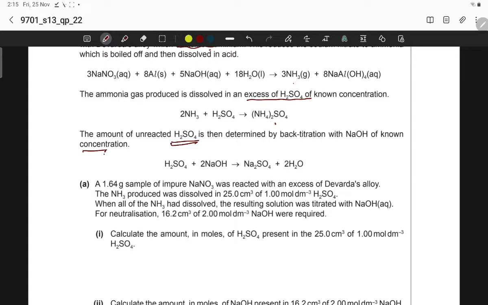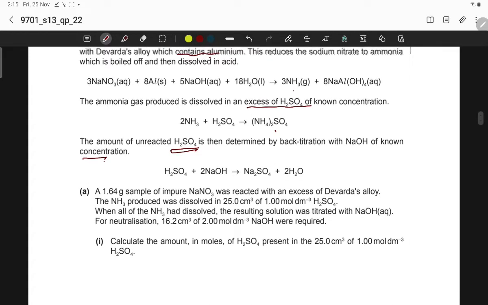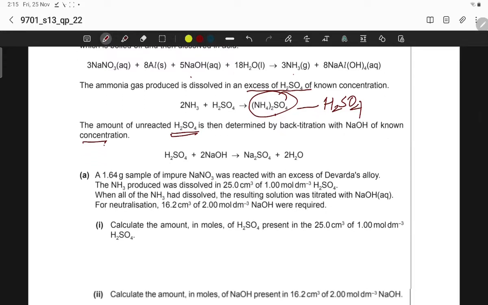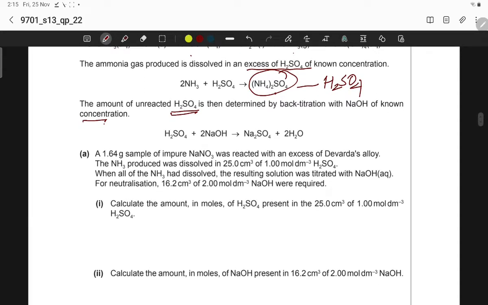Now we mention sulfuric acid, not ammonium, because in this salt sulfuric acid is in excess, plus sodium hydroxide forms sodium sulfate plus water.